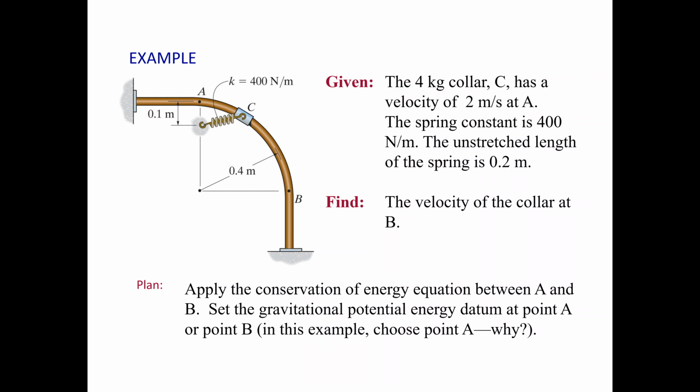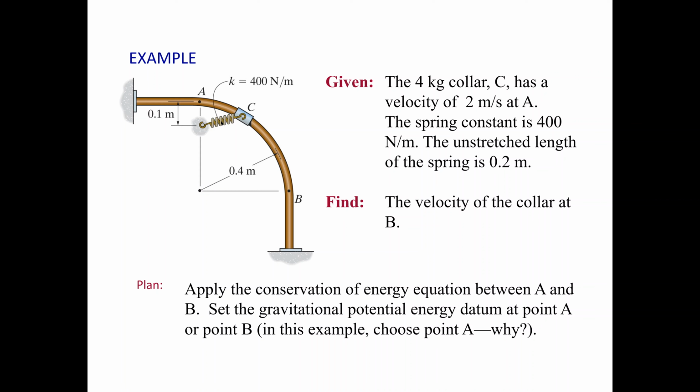If you think about what's happening, we have some initial kinetic energy associated with it at point A, and some potential energy associated at point A. And then at point B, we have some kinetic energy and some potential energy associated with it. If you think about it, what are the energies that we need to be concerned with?